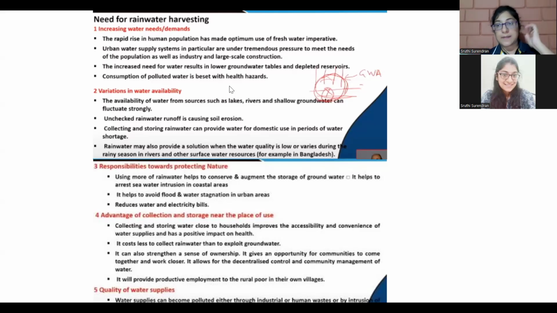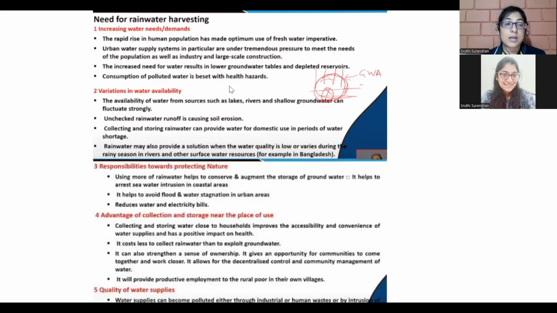Secondly, water availability is a crisis these days, with the availability of water from surface water sources like lakes and rivers, as well as from groundwater, varying. There are instances of depletion of water level, drying off of rivers, etc., which makes it necessary that we go for methods that will provide us water other than these resources.